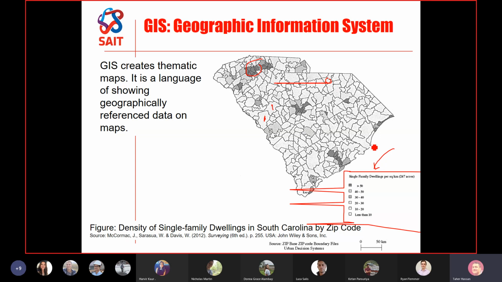Okay, now, for example, what can I use this map for? Let's say this state is trying to build some schools. Would you build a school in a place where nobody lives? I don't think so. It's not really a wise decision. You have to build a school somewhere where somebody lives. So maybe you can build a school in these areas, one school here and one school over there.